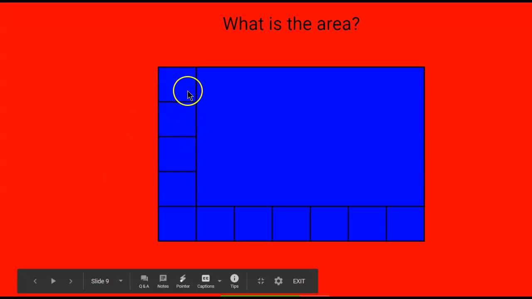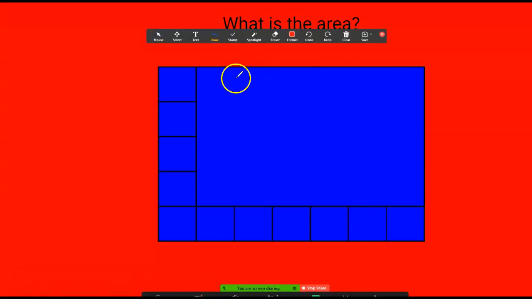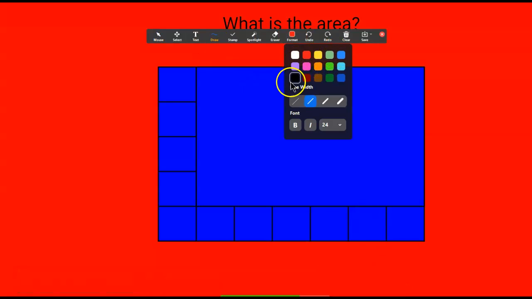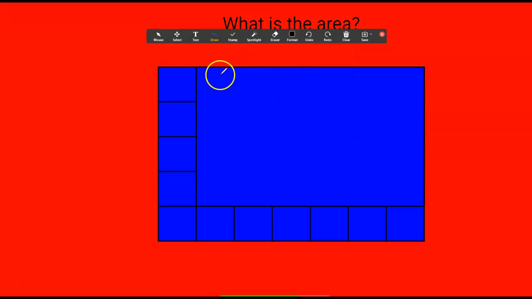Okay, so yesterday we talked about labeling the rows and the columns on a shape for area, okay? And this is really going to get you in the practice of being able to do it when it's two parts. So over here we have 1, 2, 3, 4, 5 rows, and we have 1, 2, 3, 4, 5, 6, 7 columns, okay?